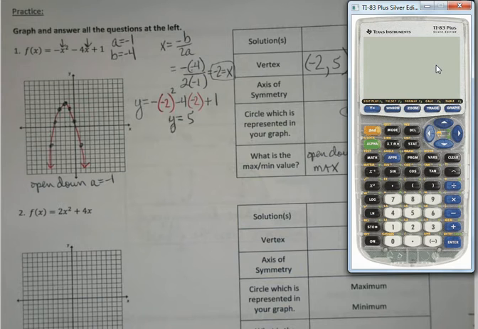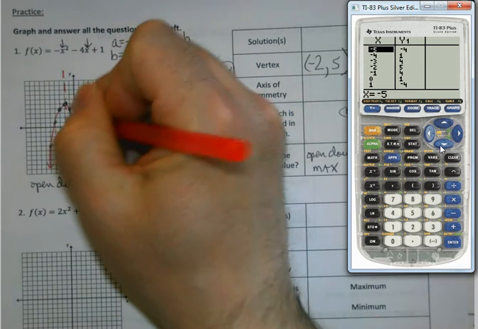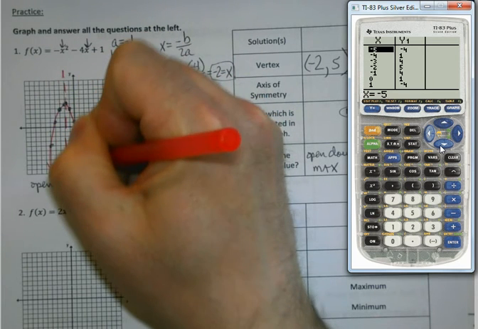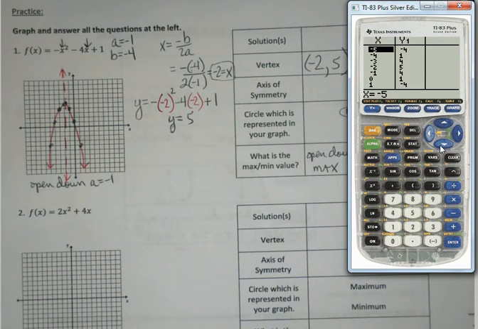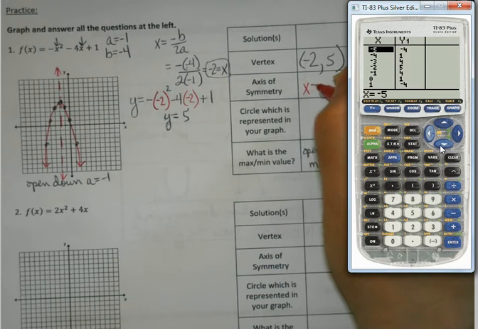And there's a couple of things that I notice. So I'm looking and I say, okay, my axis of symmetry, where we go through the center, is always going to be at the x value of the vertex. x is -2.